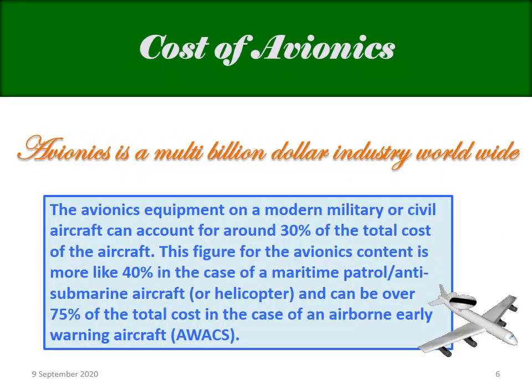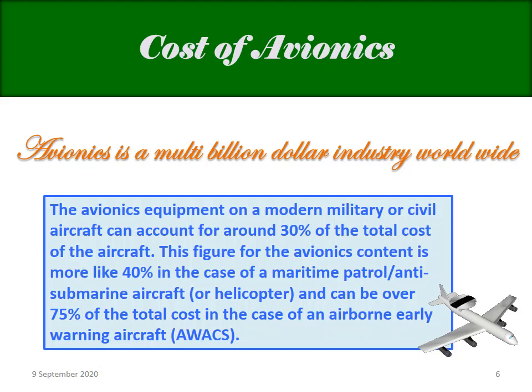In terms of the cost of avionics in the aircraft, how much of the dollar value of the aircraft is avionics? Well, it depends upon the type of aircraft, but the avionics spend on modern military or civil aircraft can account for about 30% of the total cost of the aircraft.